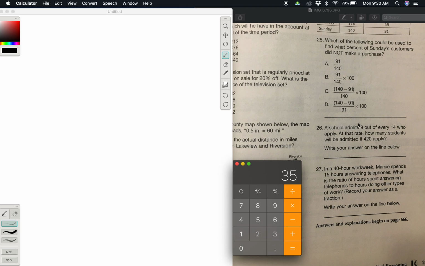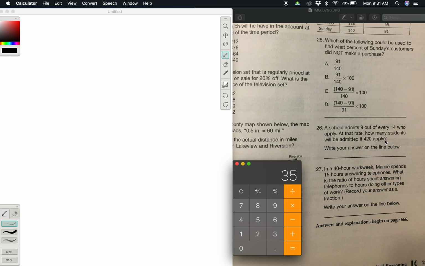This is to give them entry, in case any of you are stumped by that. I know some of you guys are not native speakers, so native English speakers, sorry. So a school admits 9 out of every 14 who apply. At that rate, how many students would be admitted if 420 apply?